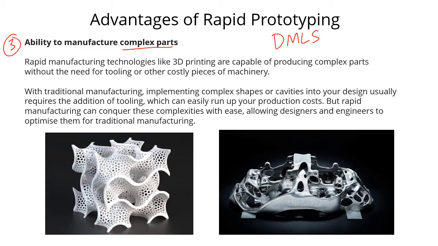So if you were doing a short run, you might use direct metal laser sintering as your manufacturing process. If you are mass producing complex parts, you will use this process, direct metal laser sintering, to help you work out how to optimize the design so that it can be more easily made in traditional manufacturing processes.